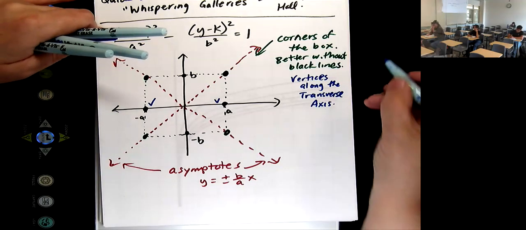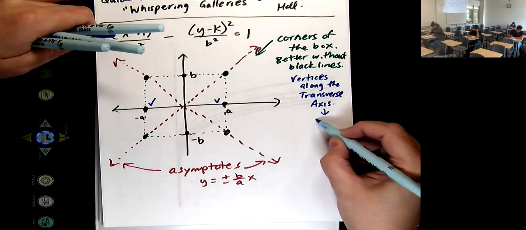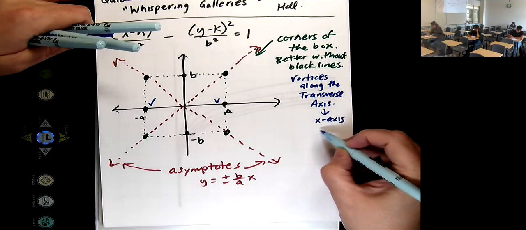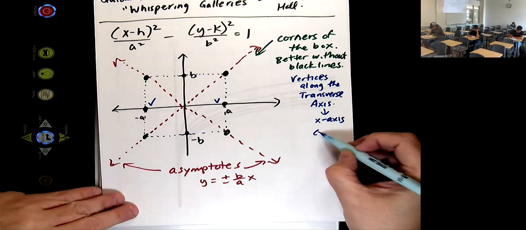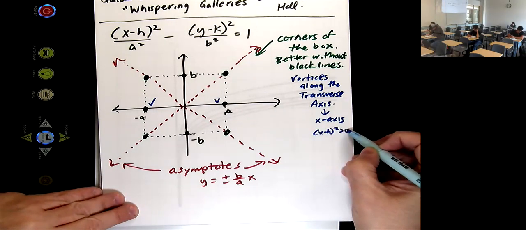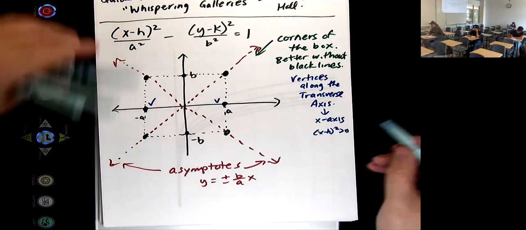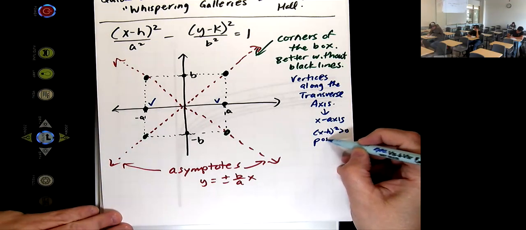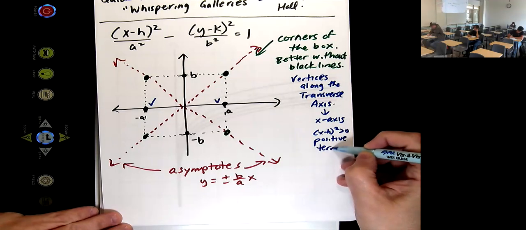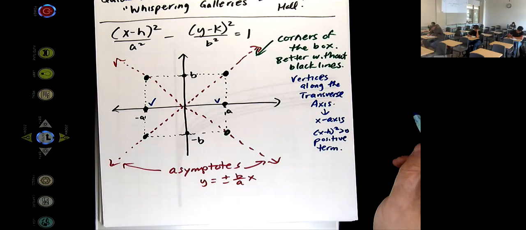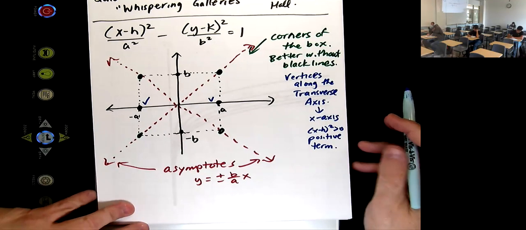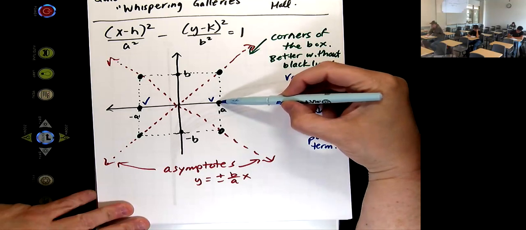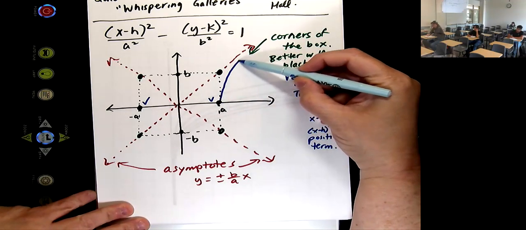And the transverse axis here is the x-axis, because the x minus h squared thing is greater than 0. It's the positive term. Now, this is where you don't want to be too sloppy, but you're really just making something that looks like a parabola that goes to follow along the asymptotes.